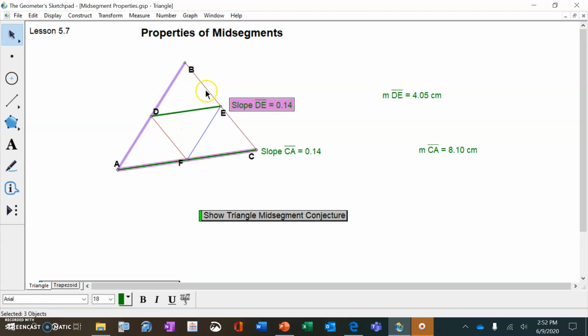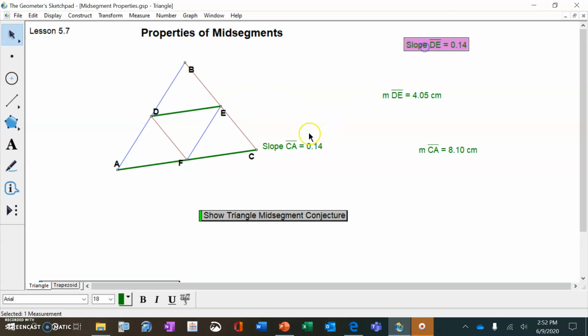The first and second sides are used to get the midpoints, to get the midsegment. So it seems the midsegment of a triangle is parallel to that third side of the triangle.